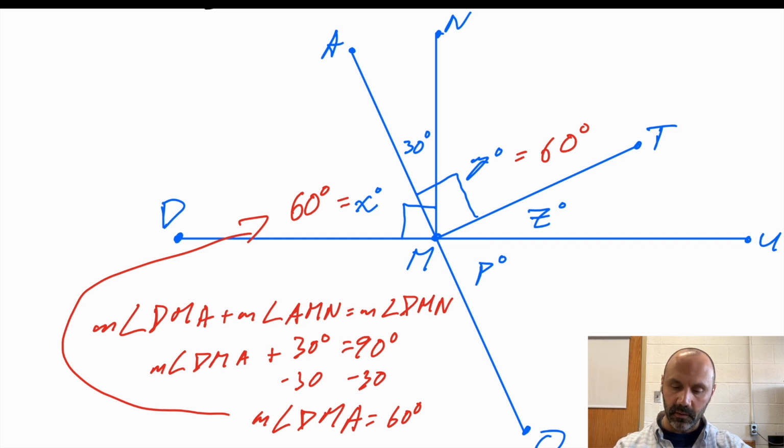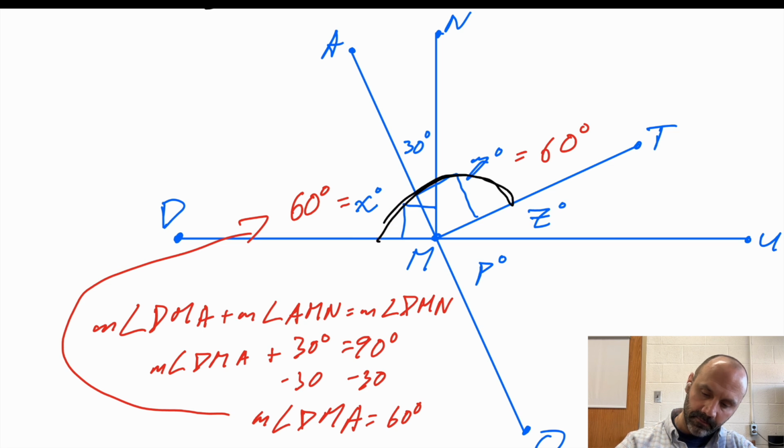Okay, so how do I figure out what Z is? Well, I can tell I have a line here, right? And in this line, I have all of this angle, kind of this big angle. I'm going to draw with a black line. This whole big angle right here is 60 plus 60 plus 30, so that's 150.